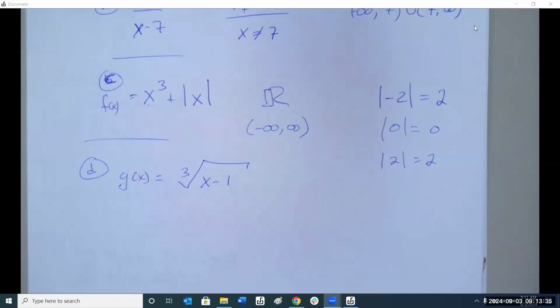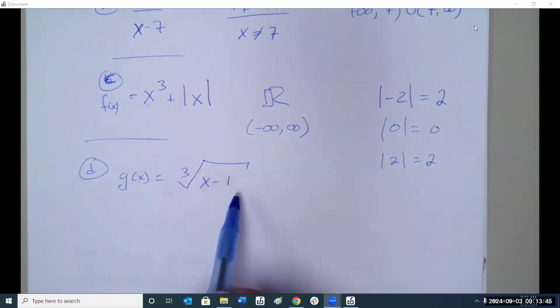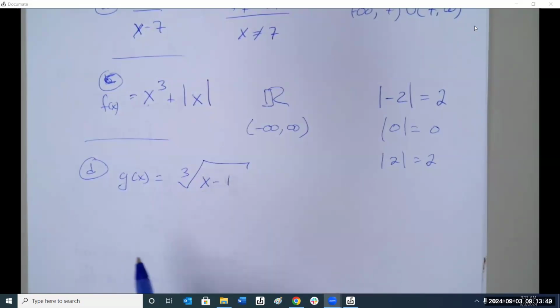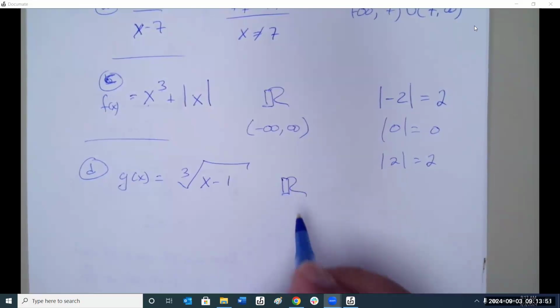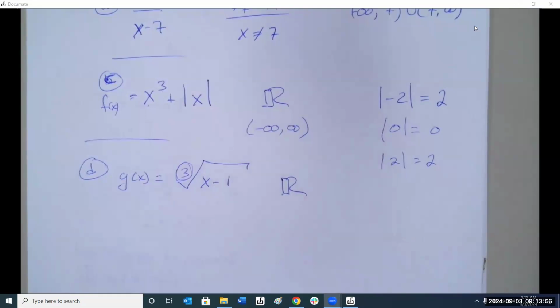Now the last one. What are the restrictions on this one? Can inside there be positive? Can it be 0? Can it be negative? Yeah, this one is all real numbers also, because it's an odd power root.